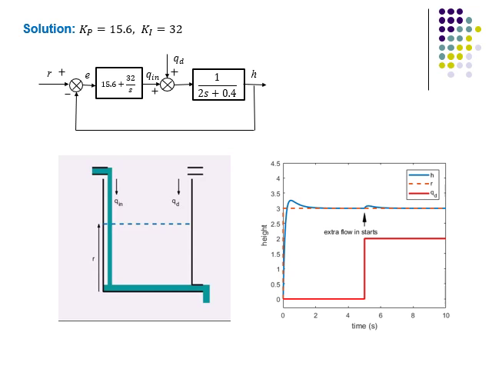We consider the same situation as previously, where we have an initially empty tank and a target level of 3, and we also have an additional disturbance, extra flow coming into the tank, which starts after 5 seconds. If we calculate the response, the animation shows what happens, and you can see that the performance of the control system is quite good.